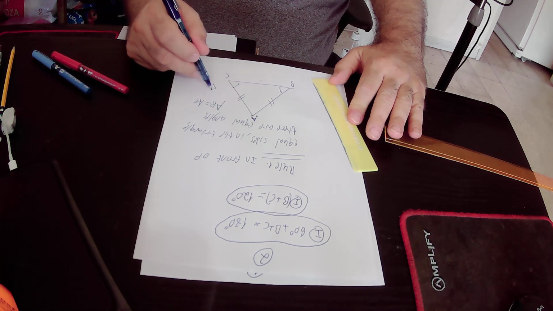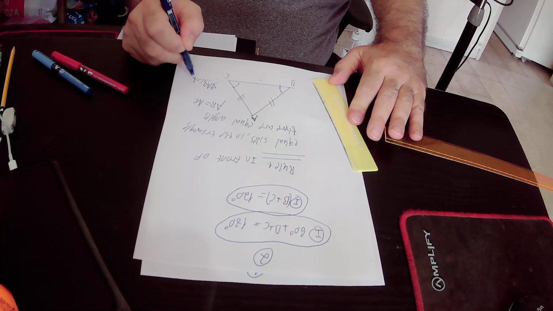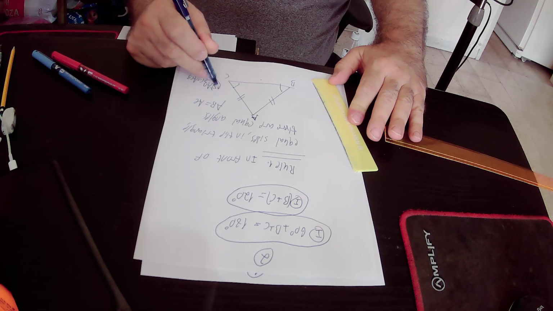So angle ABC equals angle ACB according to rule number 1.